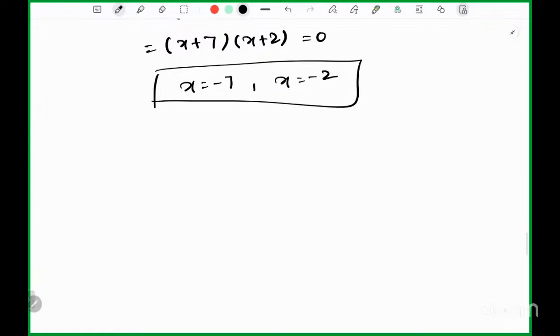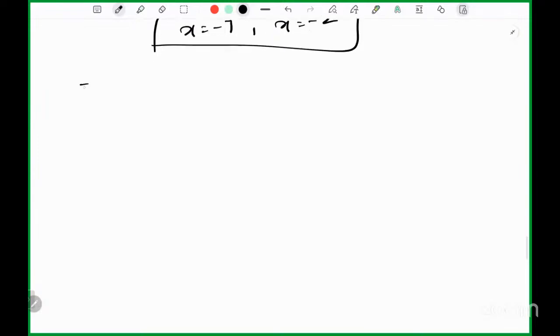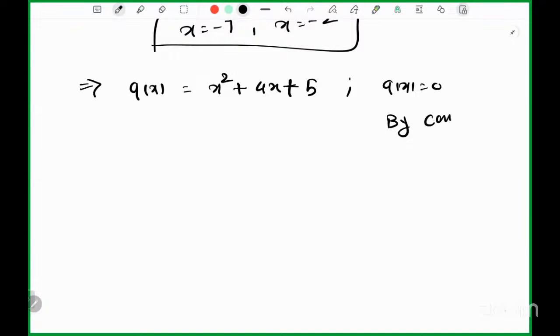For example, suppose I have this q of x, so q of x is equal to x square plus 4x plus 5. Suppose someone asks you, can you find out the roots of q of x equal to 0 by completing the square method or not?